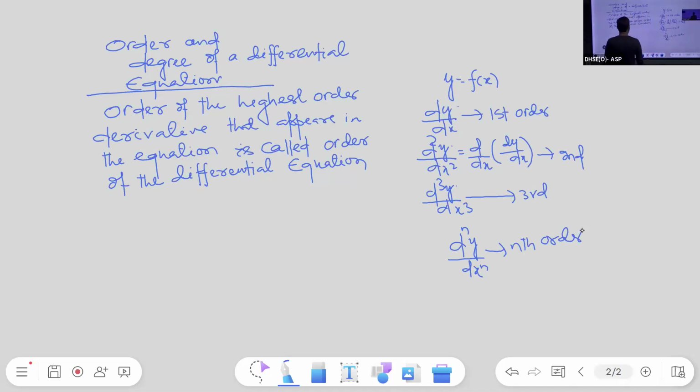So the order of a differential equation is the order of the highest order derivative that appears in the equation.